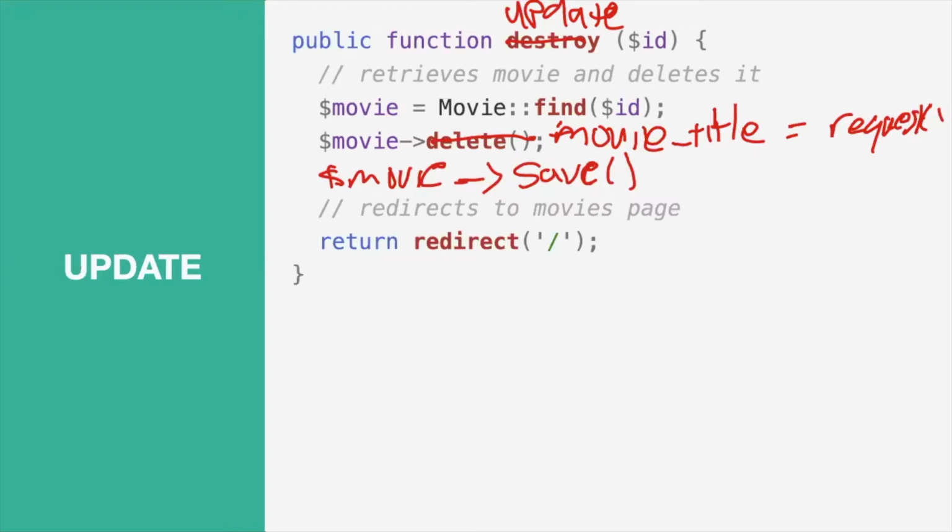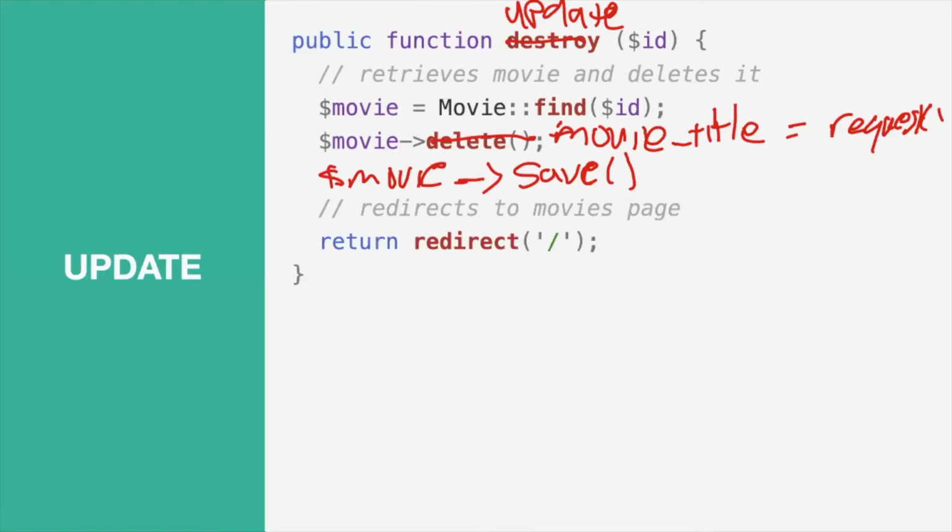Another question. This code, this kind of public function, like update, view, or create, where would we put them?